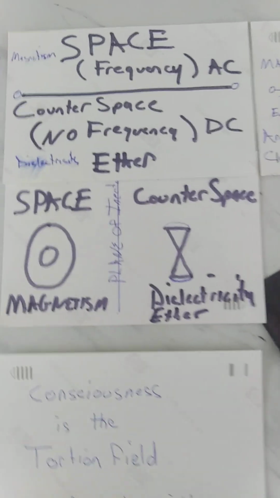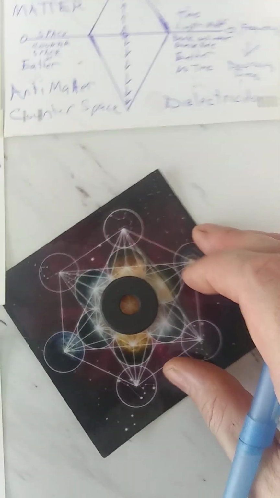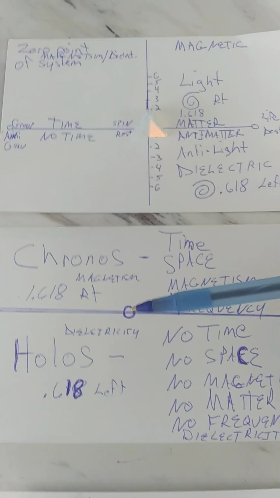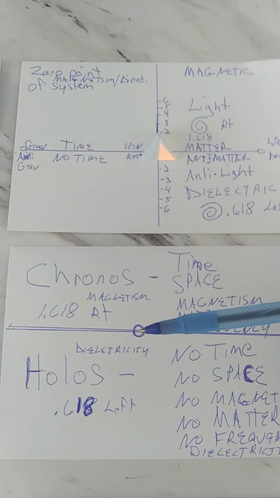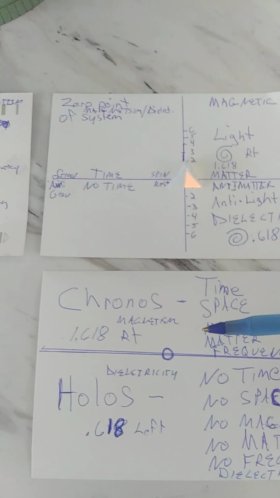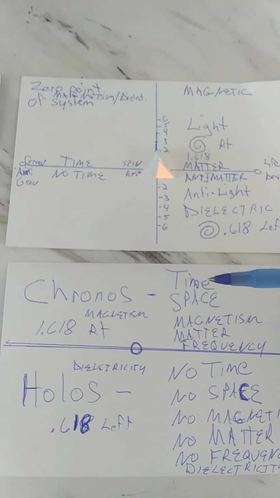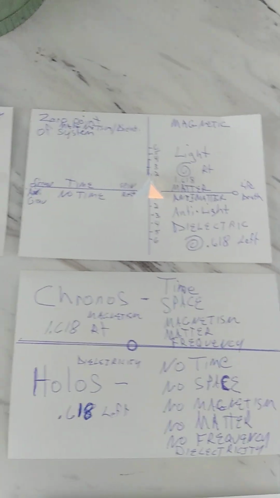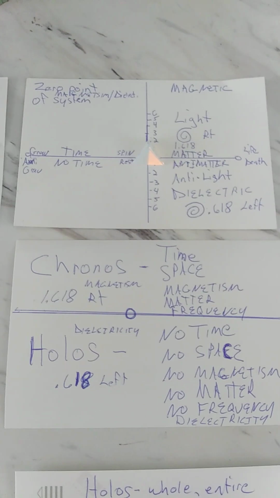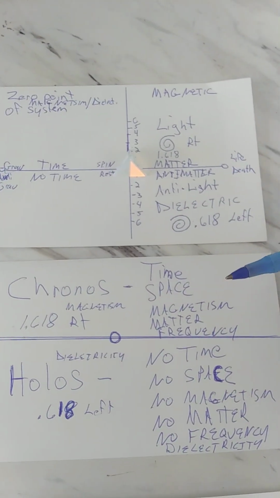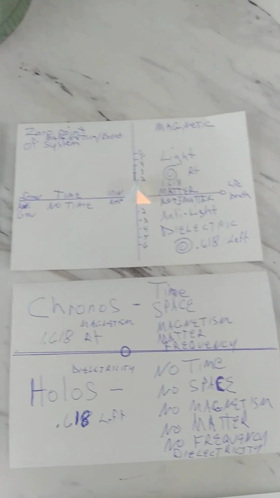So when rotation occurs is when your time begins. Okay, so you would start at a 0 point that's at rest at the axle. When your rotation occurs, you start chronos, you start time, you start space, you enter the light spectrum of visible light. You have frequency, magnetism, matter.